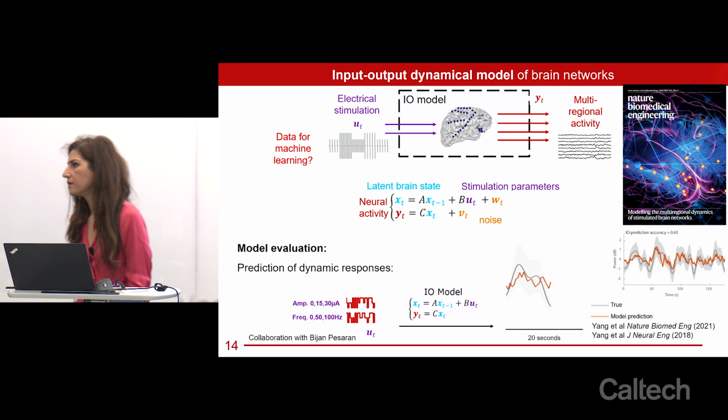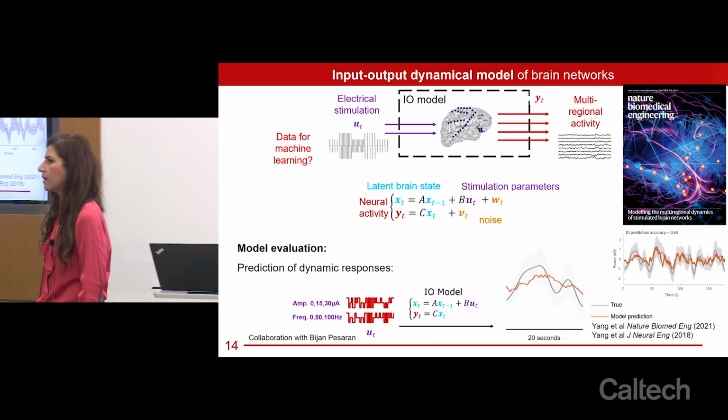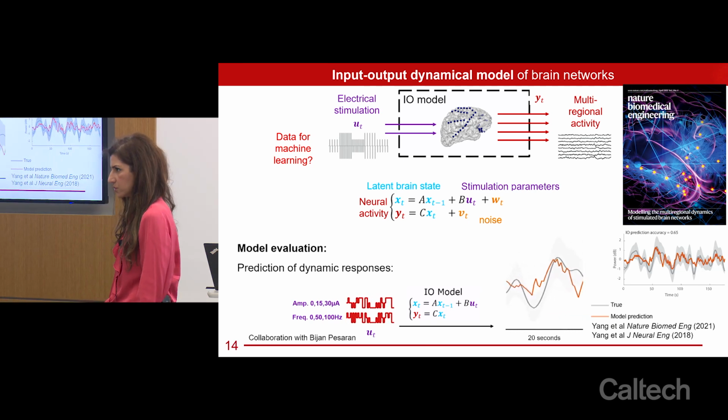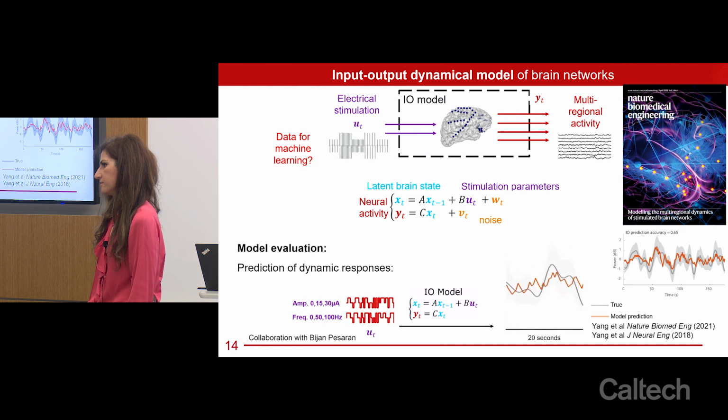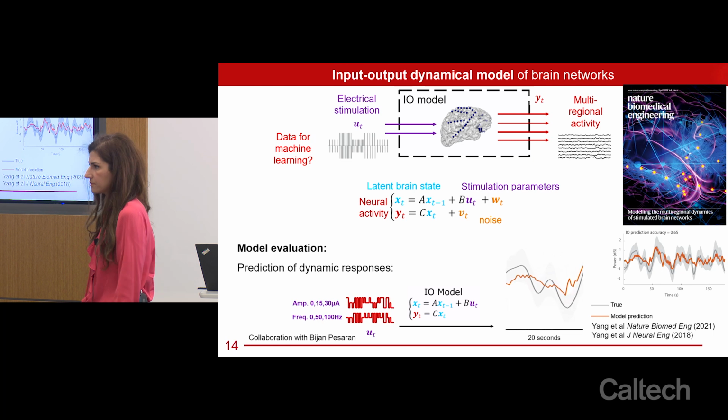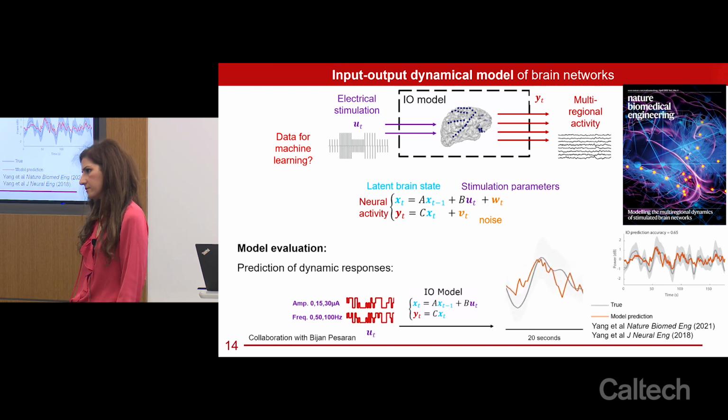Excuse me. Yes. Before you go too much further, I have a question about your joint modeling. Sure. So when you're recording activity and measuring behavior at the same time, you don't know a priori which neural signals are causing the behavior and which neural signals are a response to the behavior. Absolutely.